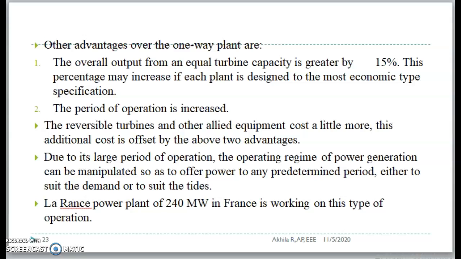The large period of operation means you can use it for a predetermined period, or you can use it when the demand is coming. In France there is a power plant, La Rance, of 240 megawatts, which is using this type of operation, the single basin double effect operation. Thank you.